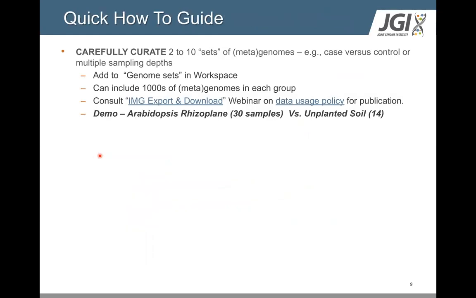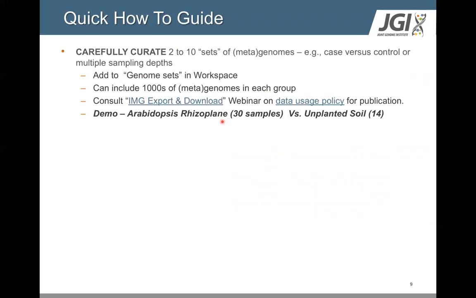Okay, so I have a quick how-to guide. You have access to all these slides. For demo purposes today, I'm going to look at a 2-group comparison, and it's going to be based on metagenomic samples, since a lot of people seem to be interested in metagenomic analysis in particular.